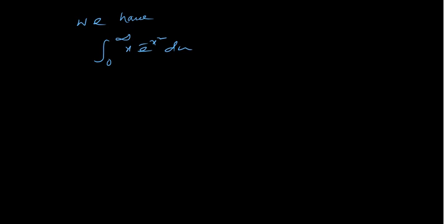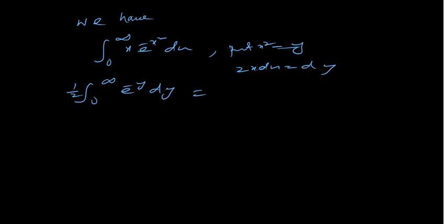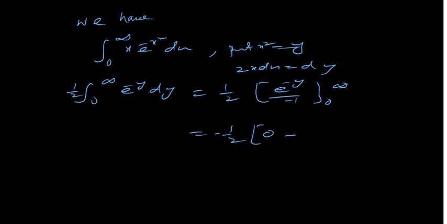By putting x square equal to y, twice x dx equals dy. The limits are again 0 to infinity, and this will be dy by 2. So x dx gives e power minus y dy, so it's 1 by 2 times e power minus y divided by minus 1, from 0 to infinity. At infinity its value is 0, and at 0 its value is 1.